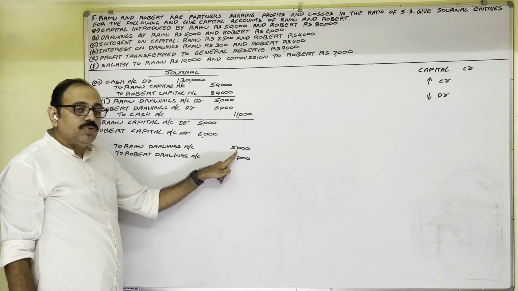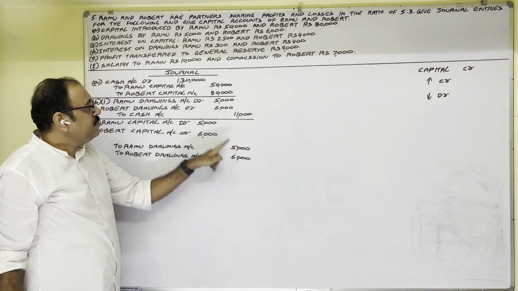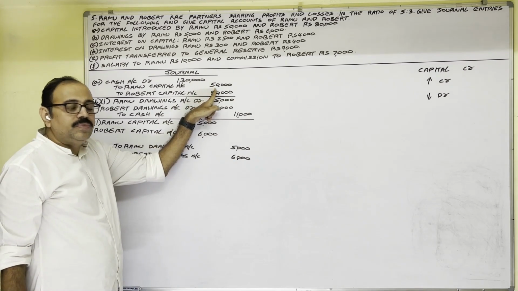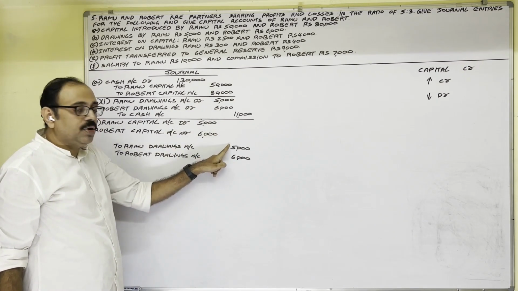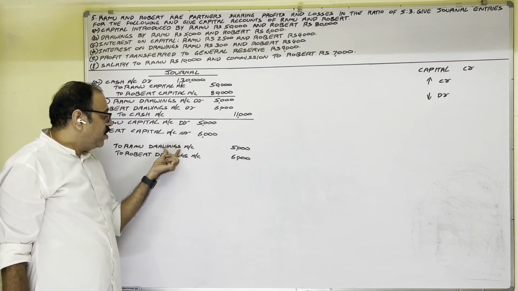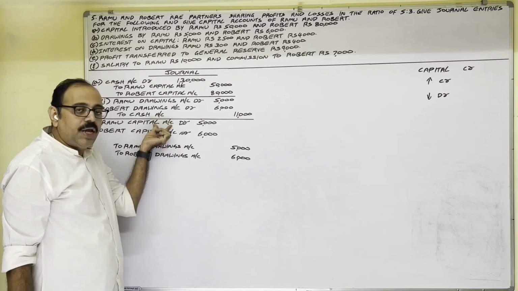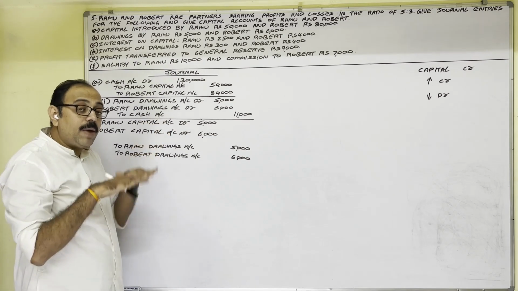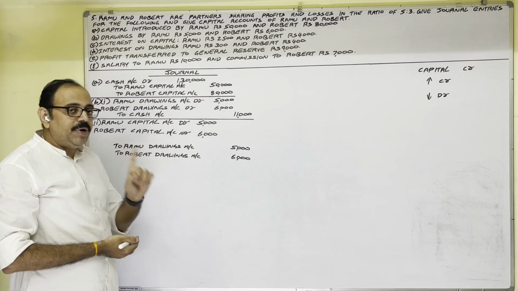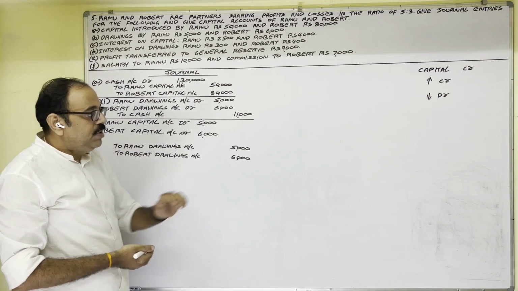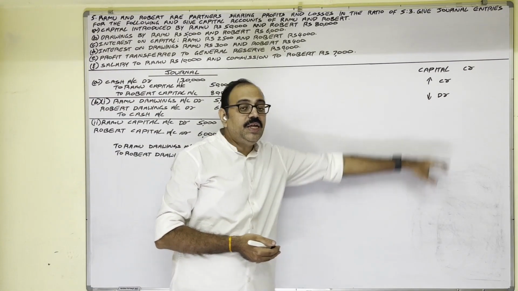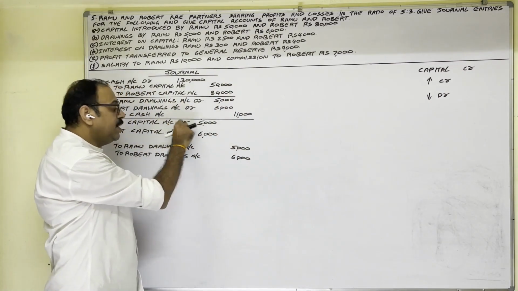Drawings amount 5,000 we should deduct from Ramu's capital 50,000. So 50,000 minus 5,000 becomes 45,000 now. So when you transfer drawings to capital accounts, then Ramu capital and Robert capital both are decreasing now. So capital shows a credit balance. If you want to decrease them, you have to debit them. That is why capital accounts are debited.